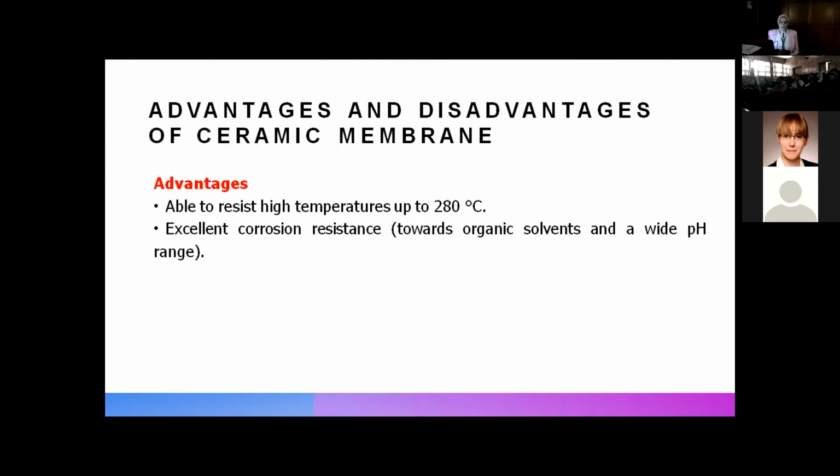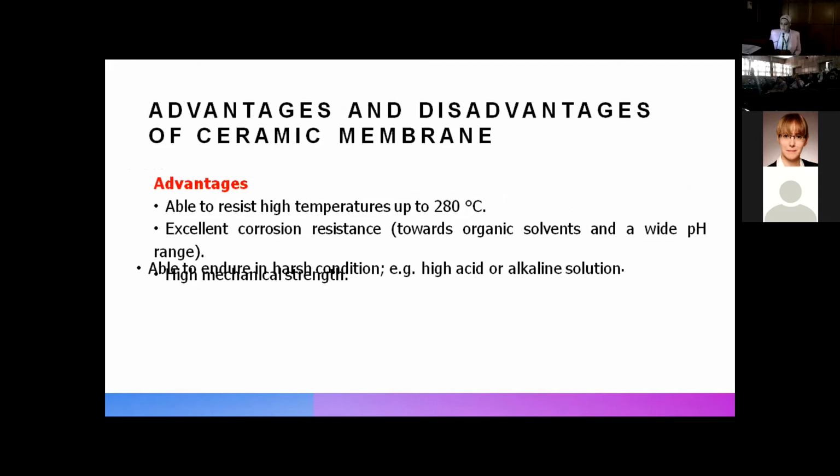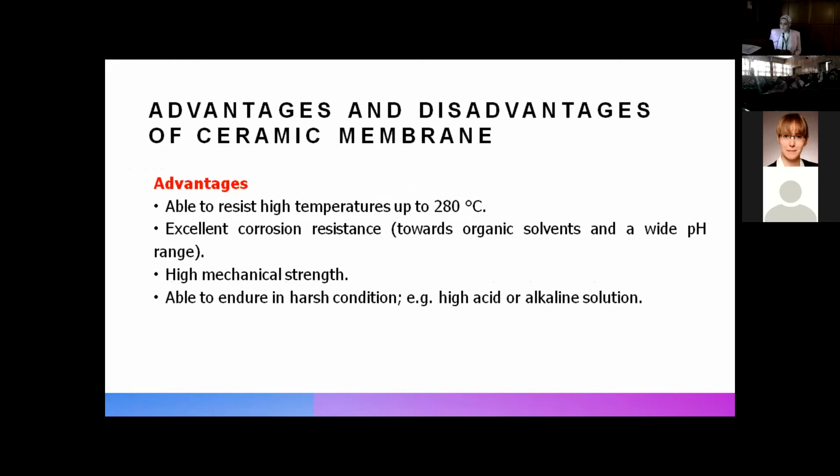Ceramic membrane can be used at severe conditions, like high temperature up to 280 degrees C. It has excellent corrosion resistance and high mechanical strength. Also, it can be used with highly acidic or alkaline solutions, and possesses a long lifetime. Finally, it has high membrane flux for the porous membrane.